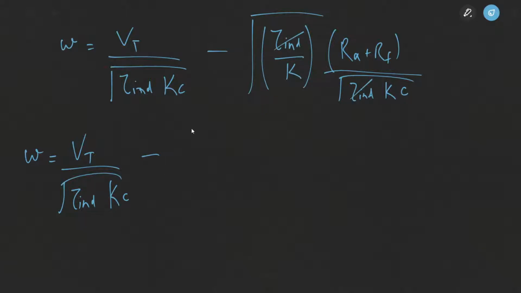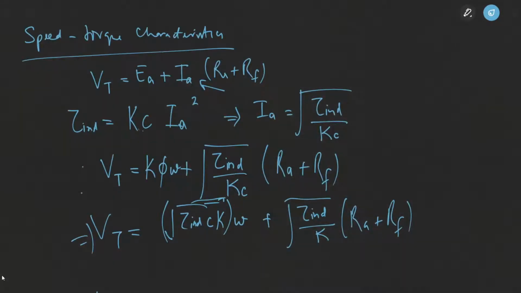You have at the top (Ra plus Rf) divided by the square root of Kc.